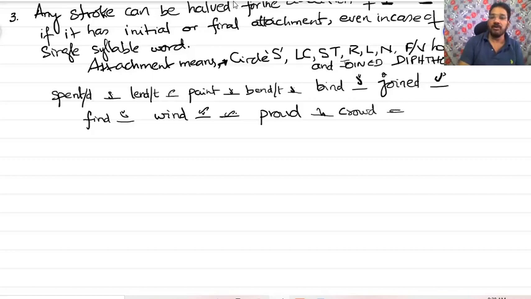Crowd, diphthong. Doubt, D halved, diphthong attached. Pound, P halved, N hook, diphthong. Clear?